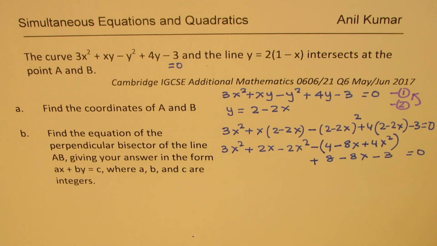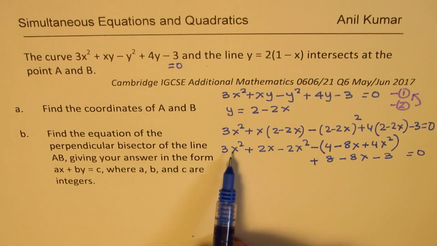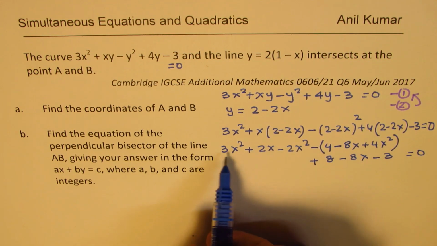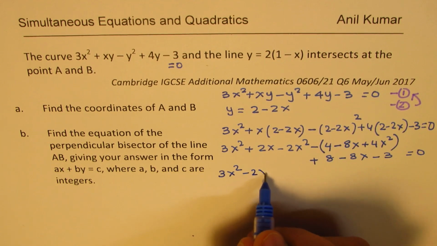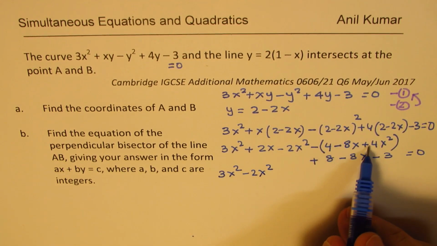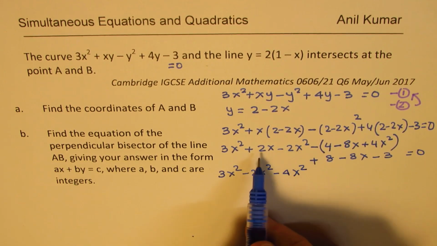Now, the idea is to combine the like terms. Let me rewrite this with the common terms together. So we have 3x squared minus 2x squared, and here we have 4x squared with a negative sign. Let's look into the x terms.